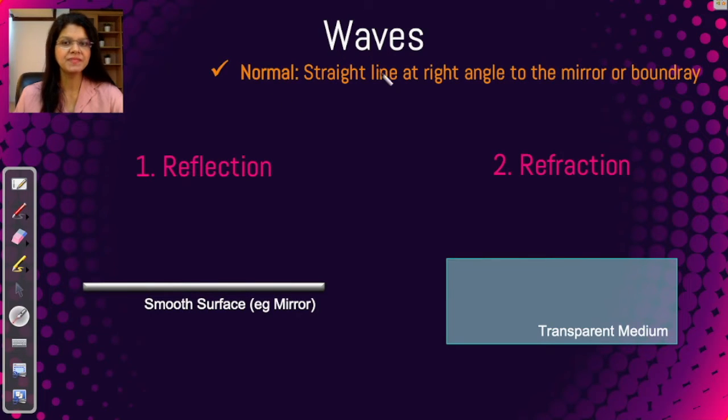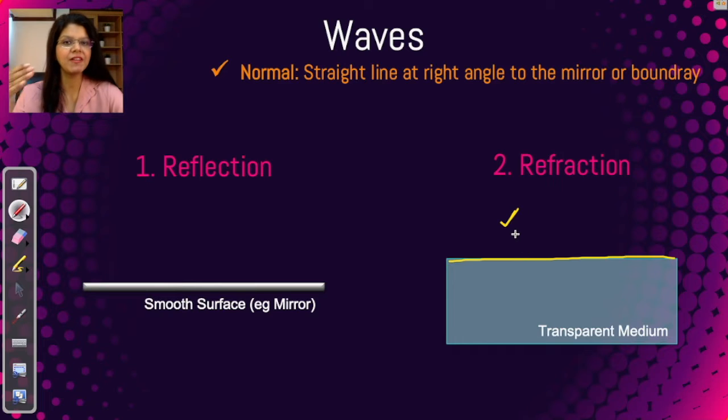A normal is a straight line at right angle to the mirror or the boundary. So where is the mirror here? This is your mirror. You can draw a right angle to the mirror, or to the boundary. Where is the boundary? Here, this line is your boundary, because it is a boundary between two different mediums.